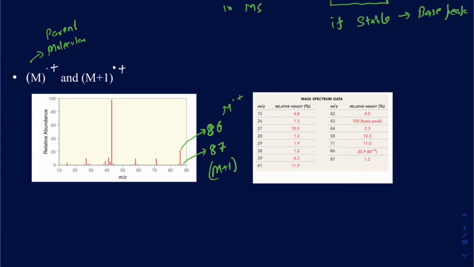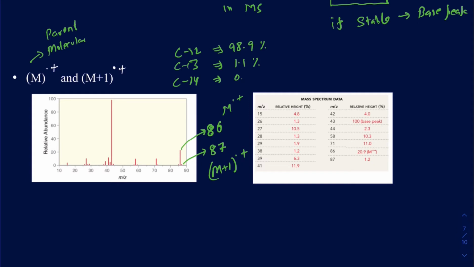Now, where does this M+1 really come from? We're dealing with organic compounds here, and we have a lot of carbons in there. Carbon exists in three isotopes: carbon 12, carbon 13, and carbon 14. Carbon 12 is about 98.9% abundant, and carbon 13 has a relative abundance of roughly 1.1%.